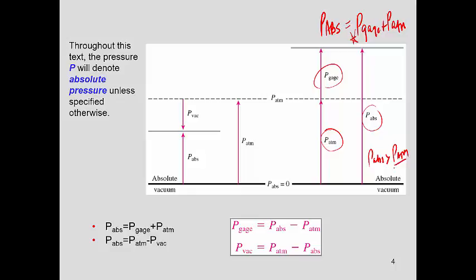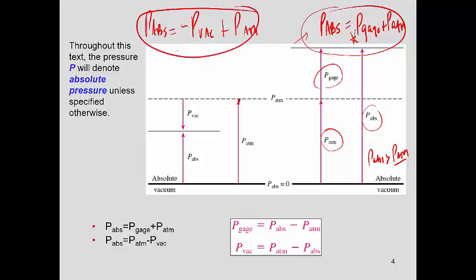Now, in the case of a vacuum pressure, it's less than atmospheric pressure. So here is your atmospheric pressure, and now the vacuum pressure is going to be less. It's like a vacuum cleaner. We talked about that. Now, in our definition that I wrote here, if the gauge pressure is negative, then your absolute pressure is going to be a negative value plus the atmospheric pressure.